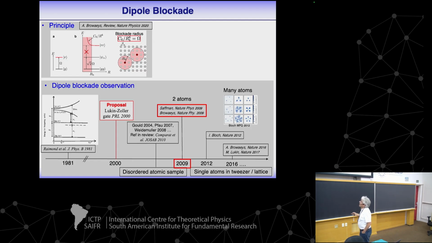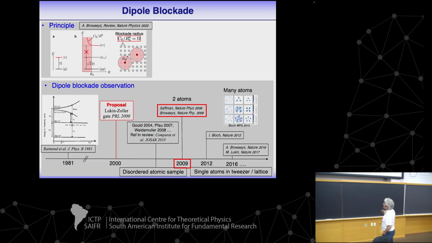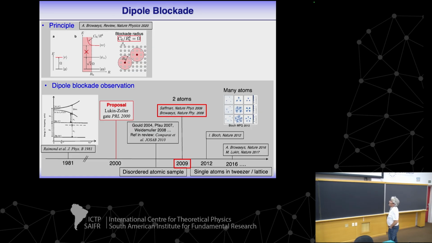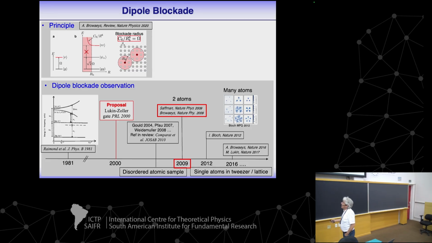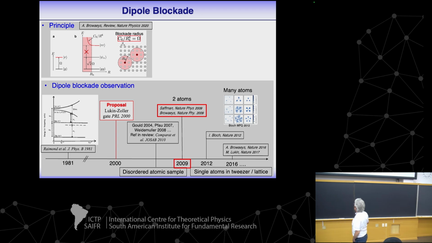So then here is the evolution of the experimental observation of this dipole blockade phenomenon, the inhibition of excitation of pair states if the atoms are close to each other. Indeed, the first paper about that was much older than the Lukin-Zoller proposal.